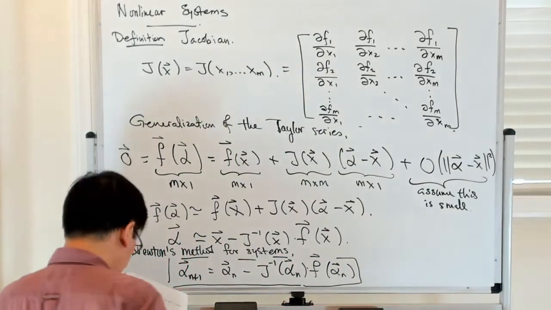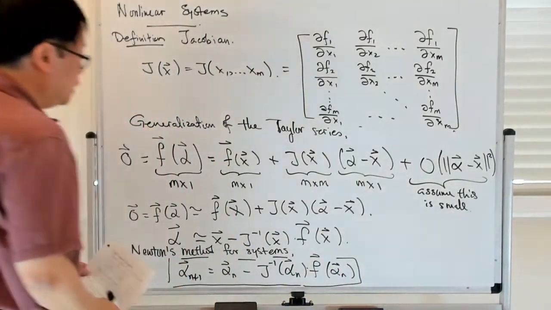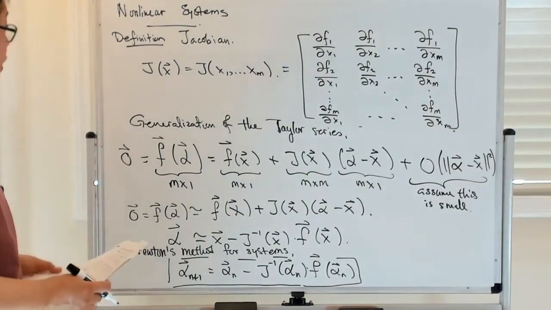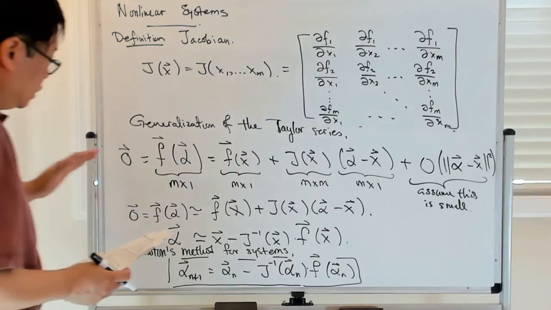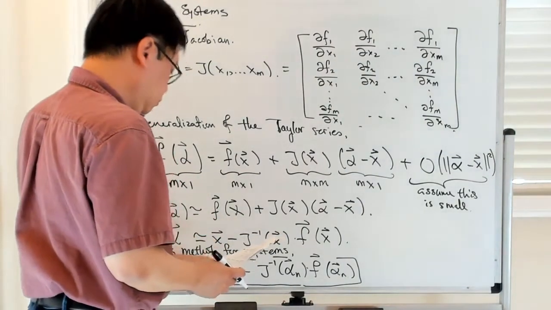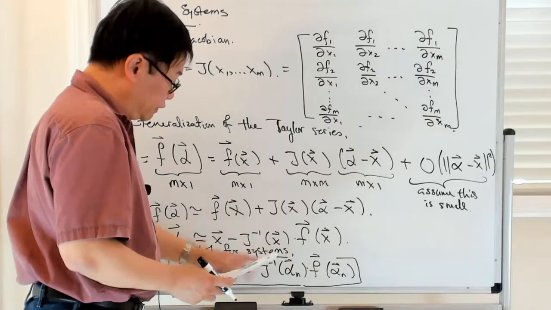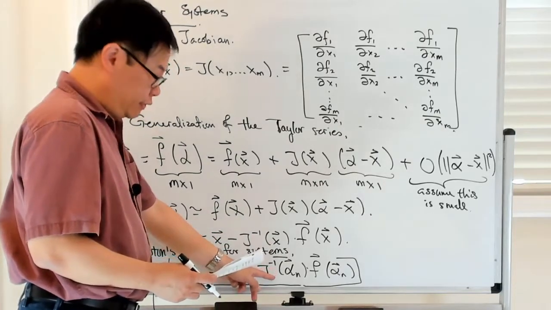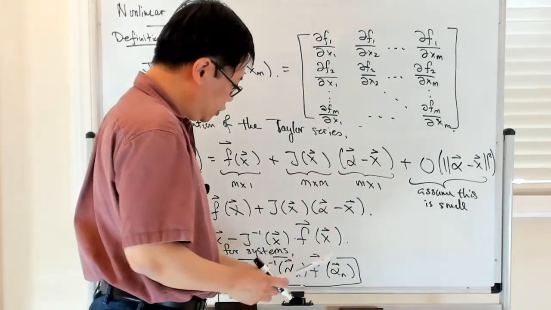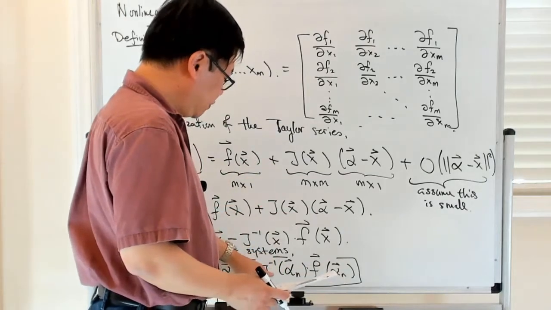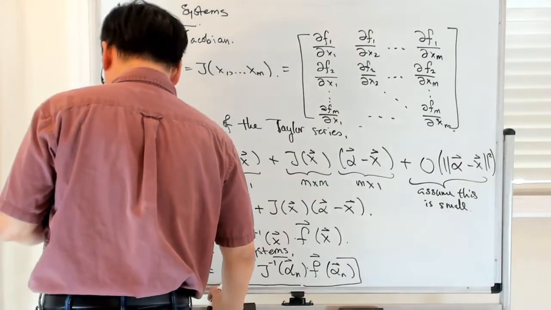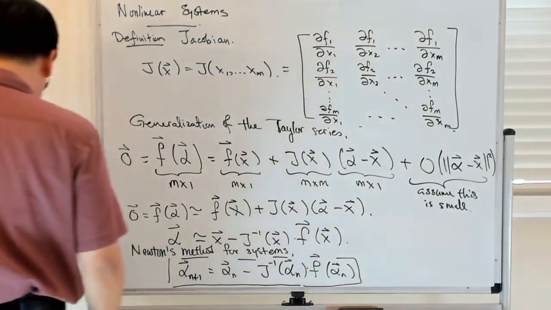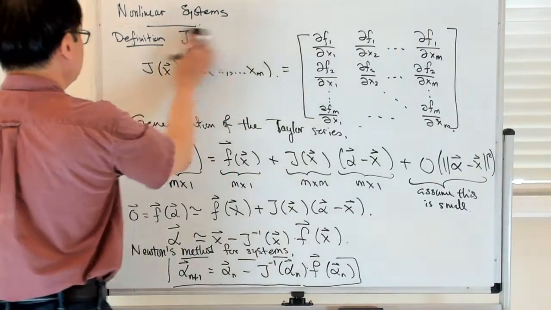That's the basic idea. The main difference is that instead of the derivative of the scalar valued function, you have the Jacobian. The Jacobian is a matrix, so you have a matrix vector product here, which involves the inverse. All right, so let me make a few remarks about this.